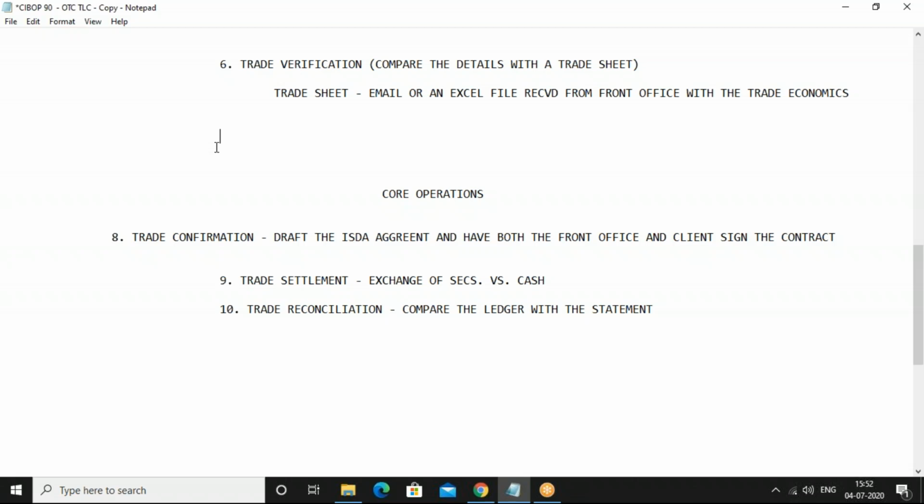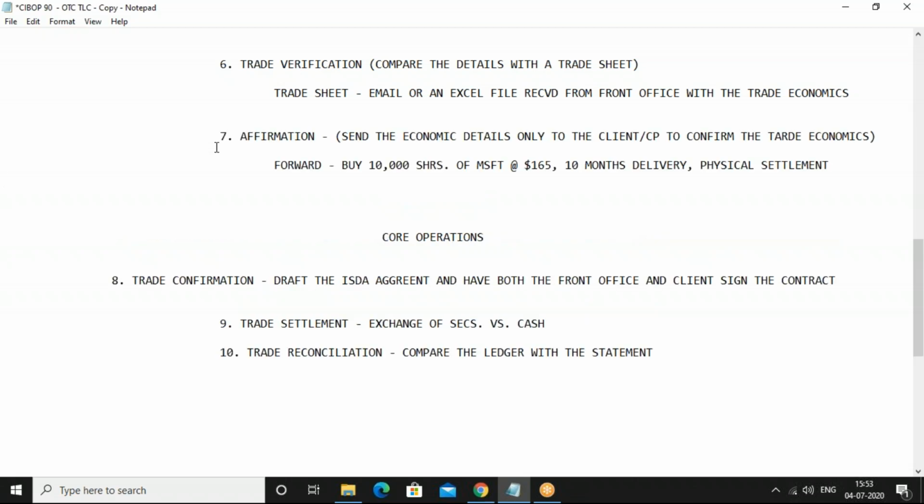Let's say I created the ISDA agreement and gave it to you. Would you sign it if the details were wrong? Obviously not. That is why trade affirmation is important: before creating the agreement, both of us are acknowledging that these are the details of the transactions we've entered into.